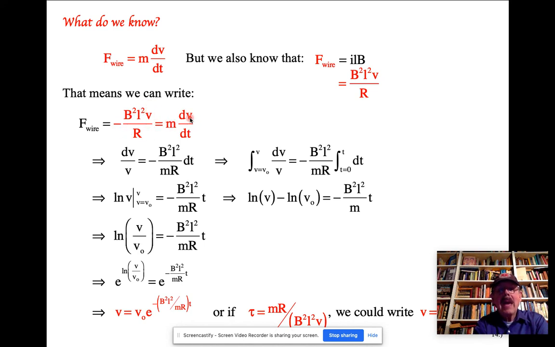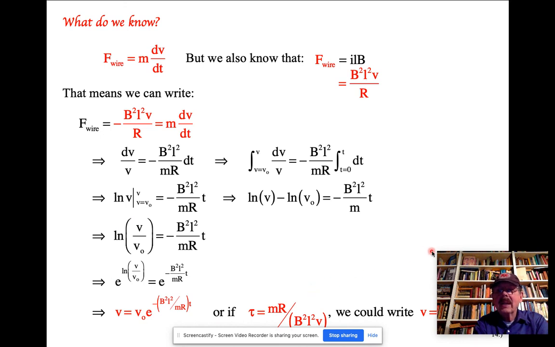Here is ma. You're going to bring the v down. You're going to bring the dt up, which is the same as multiplying dt on both sides. But whatever, you get the idea, you know how this works. You end up with dv over v, which you're going to end up having to integrate. You're going to have this thing times dt, which you're going to integrate. You're going to end up with a log function. You're going to have to raise it to the e. By the time you get done, you're going to end up with this velocity function.